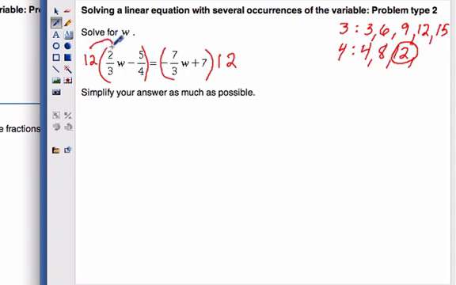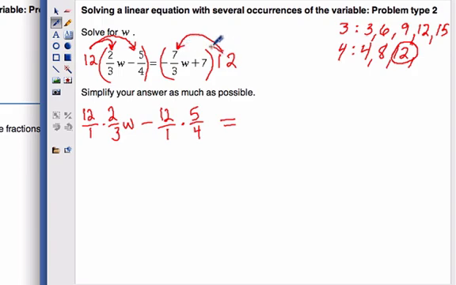So you're going to distribute this value to each term inside of your parentheses here. This will be 12, I'm going to write it as 12 over 1 times 2 over 3 times w minus 12 over 1 times 5/4. That's going to be equal to, and then we'll want to do the same thing to the other side.